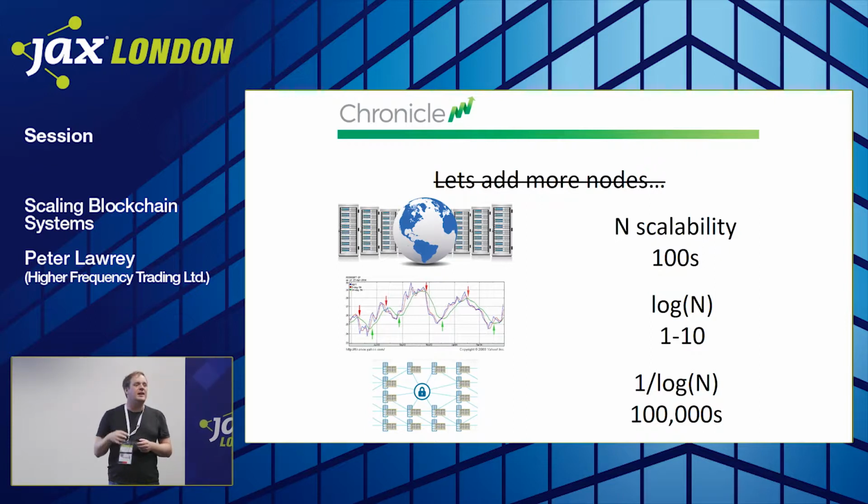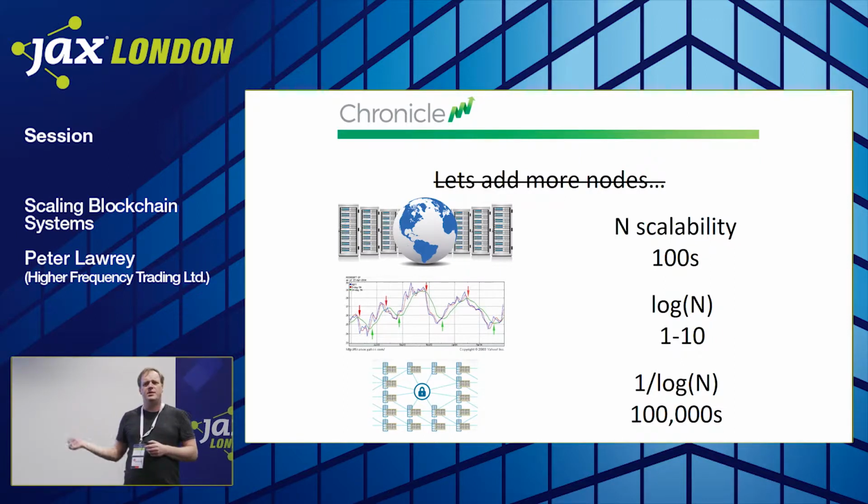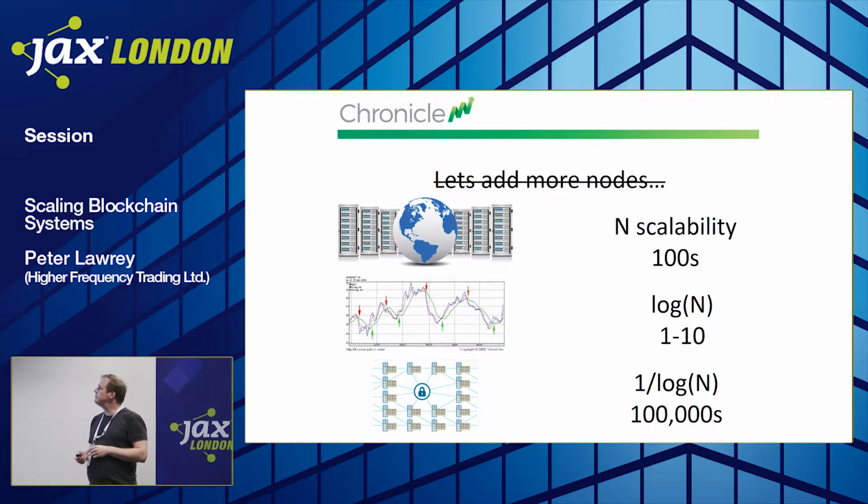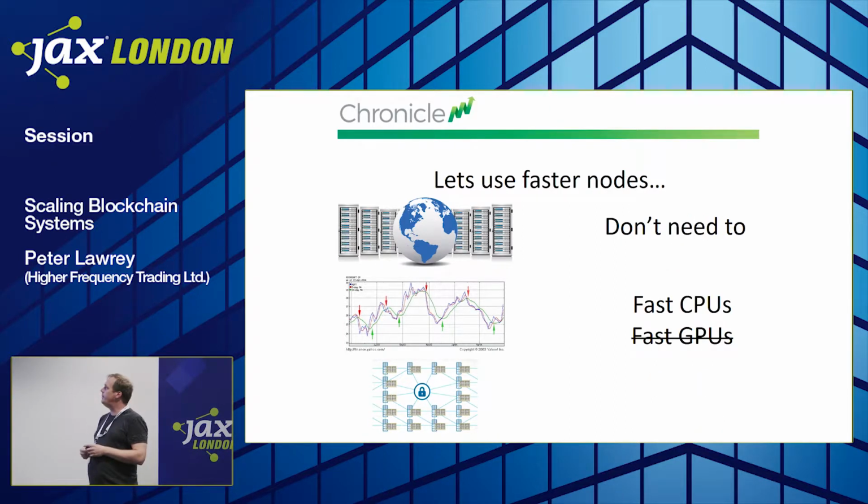But in Bitcoin, the driving factor is reducing power consumption. So some nodes will be running high-end servers, some will be running lots of GPUs. In other places, power is expensive, so people will be running on Raspberry Pis. You've got no control over the hardware, and that variety of hardware means that slower nodes can slow down the entire network because they're trying to just keep up. So adding more nodes doesn't help.